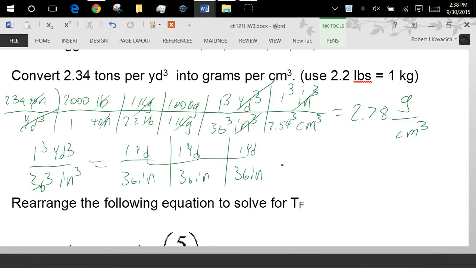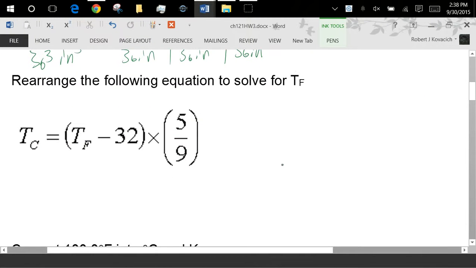All right. We're going to rearrange this and solve for temperature Fahrenheit. So what should I do first? I'm going to multiply by 9/5 and cancel that out.